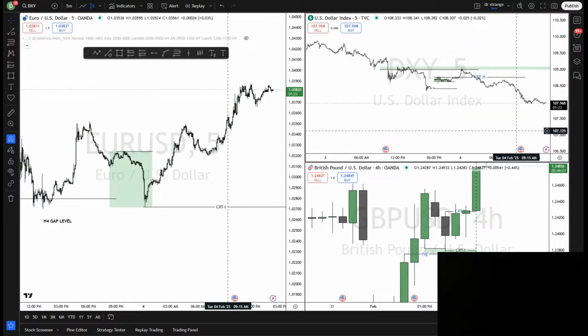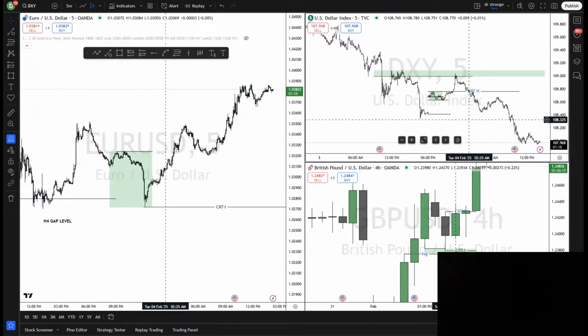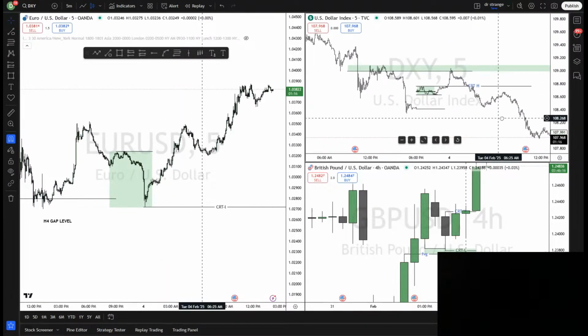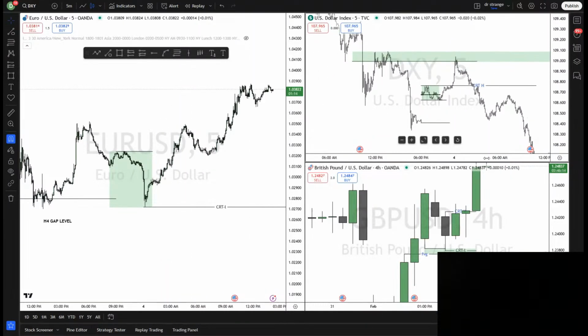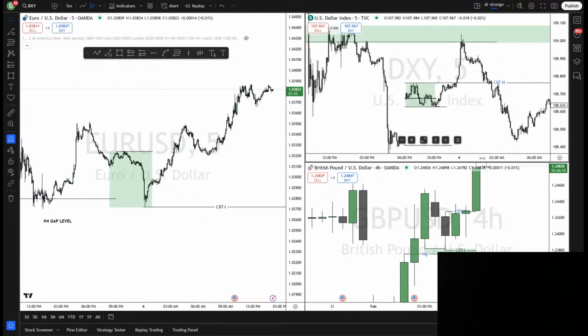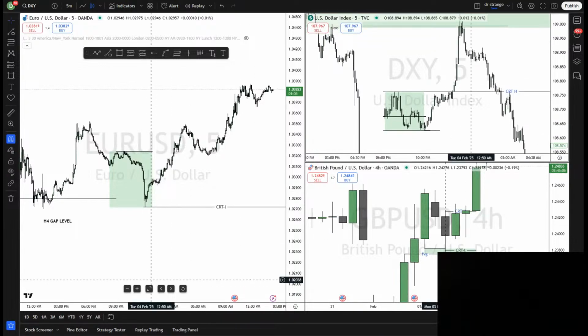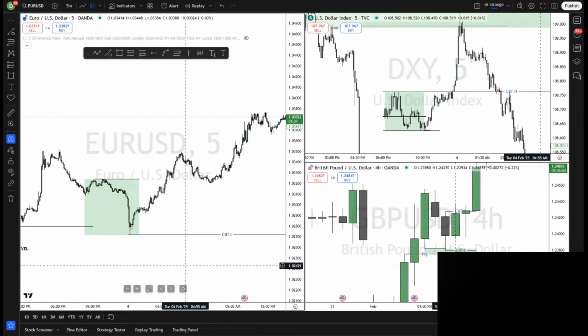So most times we are looking for SMT with sessions, and we're not going to get the sessions SMT. Now today, if you were looking for sessional SMT, it would literally be hard for you to get a trade today.